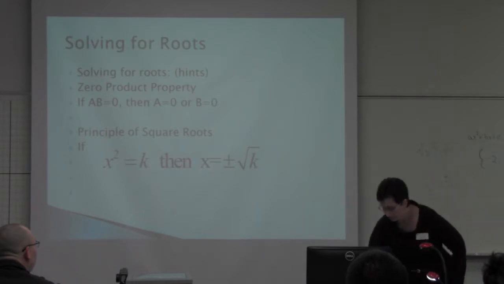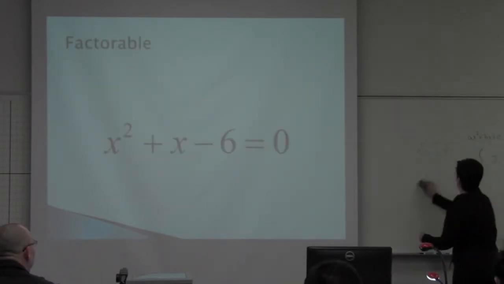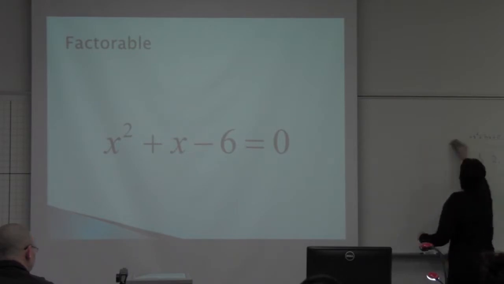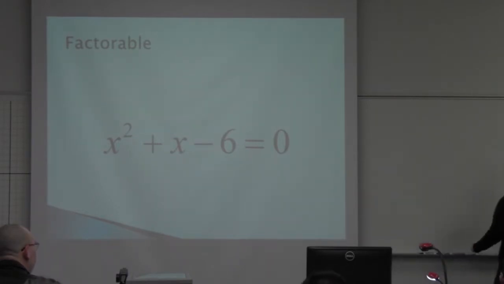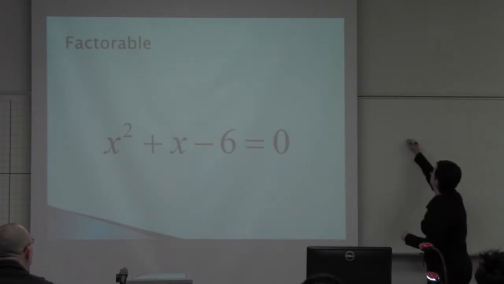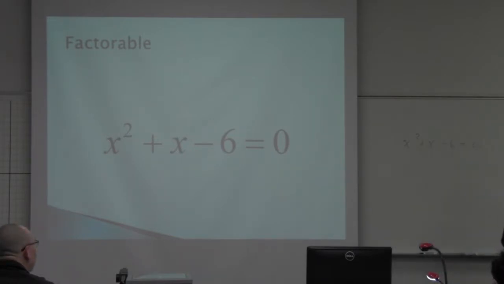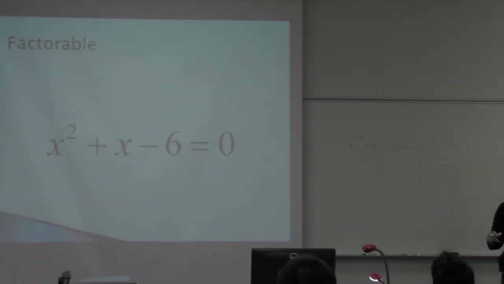All right, so let's go back here and start with a nice, once a year on your birthday, factorable quadratic. All right, so how long has it been since you factored?